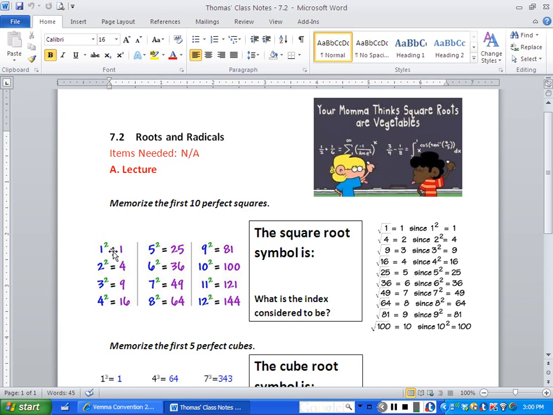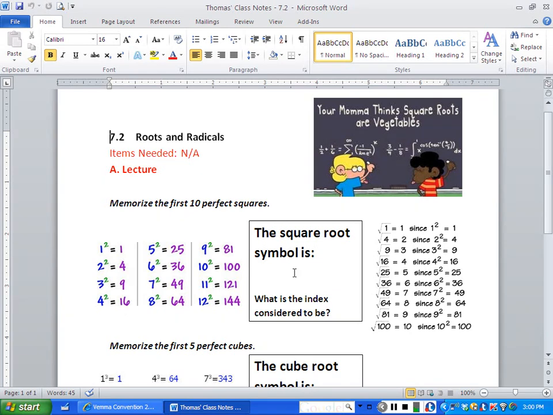For example, 1 squared is 1, 2 squared is 4, 3 squared is 9. So when you see these numbers 1, 4, 9, 16, etc., you know you can find the square root of that perfect square.